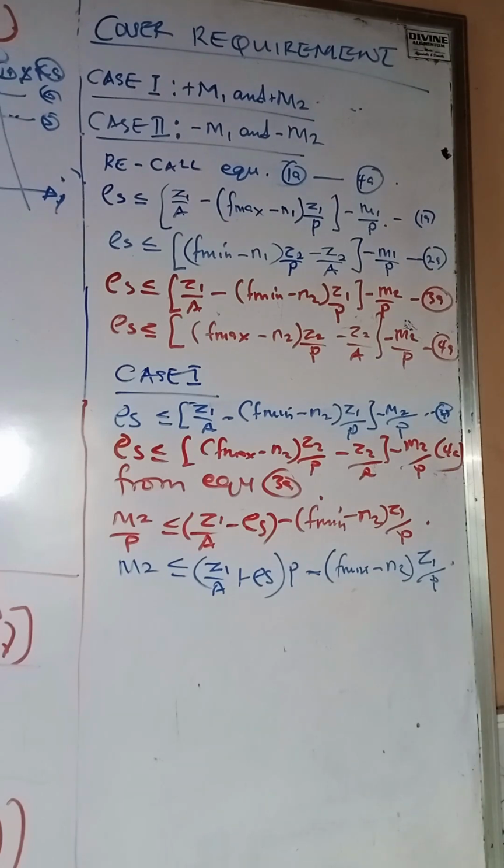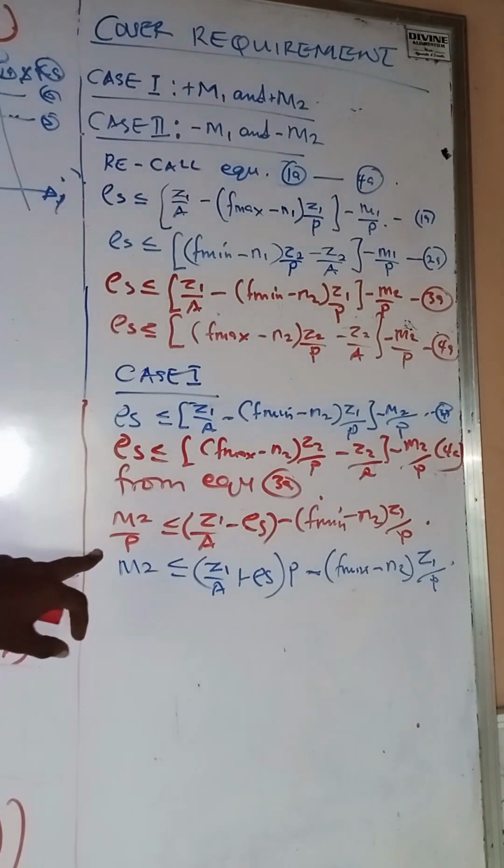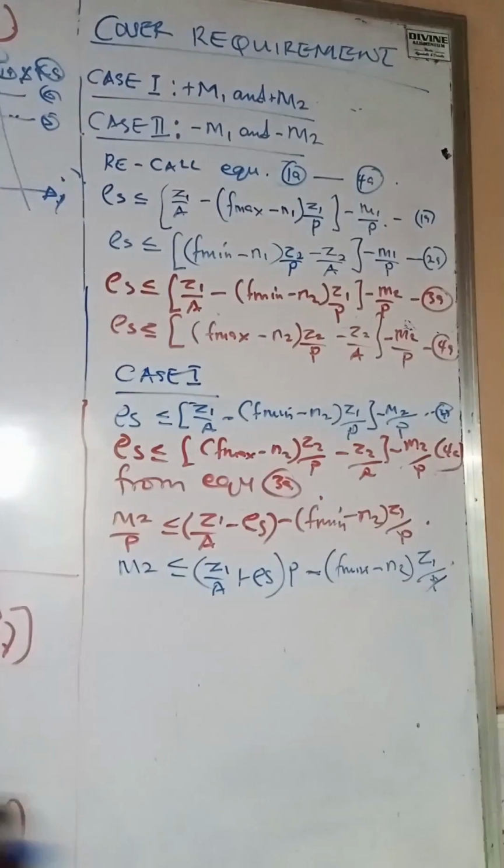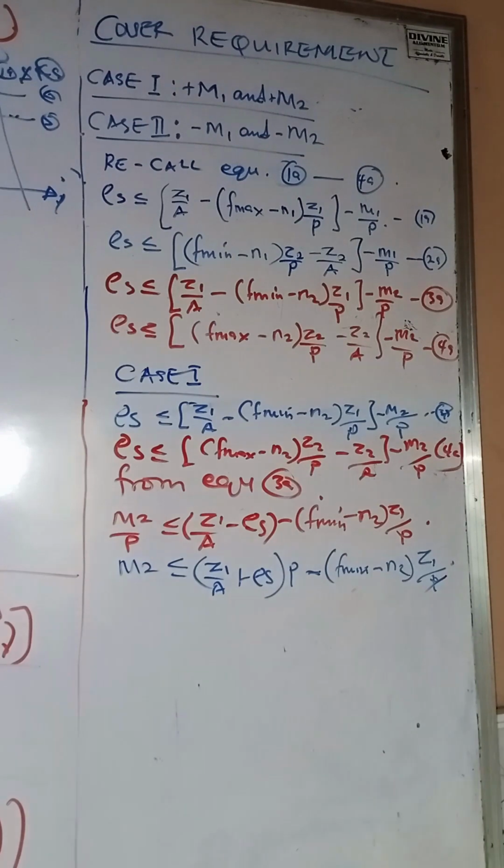Let's take a closer look. Multiplying this, we have this, so this one is no longer there, and we have this as our equation. Now let's look at the second one, which is equation 4.